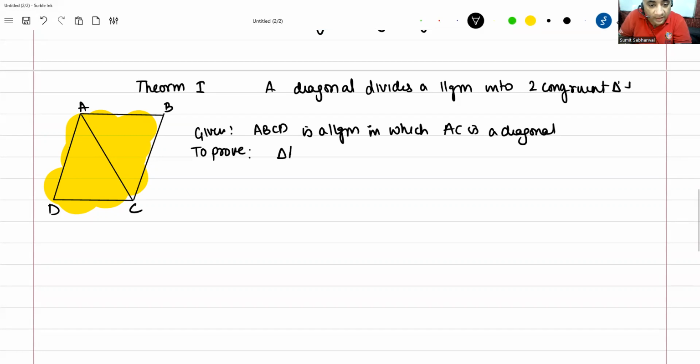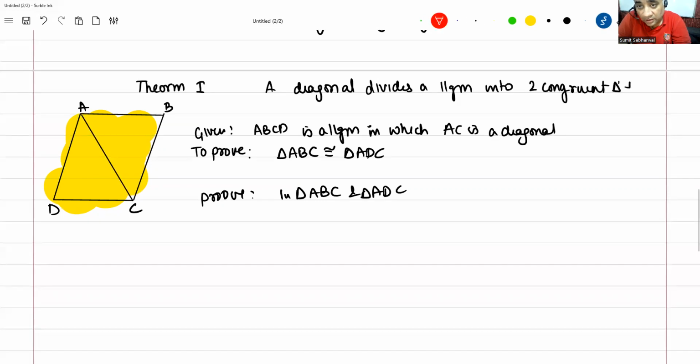To prove: triangle ABC is congruent to triangle ADC. How to prove that? See, in triangle ABC and triangle ADC, as you know, the opposite sides are parallel. So with this, I can simply say angle 1 is equal to angle 2 and angle 3 is equal to angle 4. In triangle ABC, angle 1 is equal to angle 2. Why so?